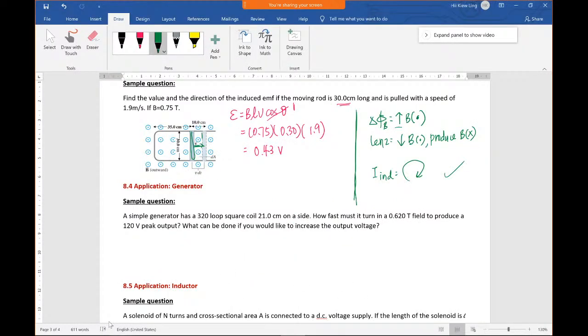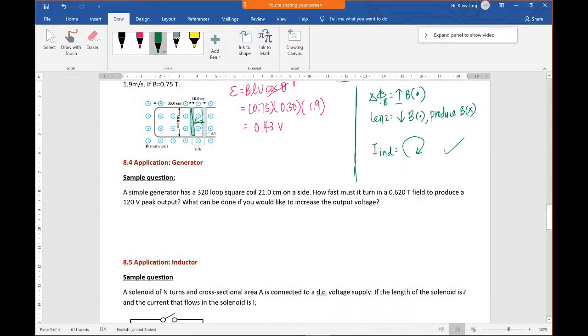Okay, so look at your worksheet section 8.4, the sample calculation. A simple generator has 320 loops. That is your N. A square coil, so this is the length or the width, you can say the length or the width because your coil is now a square.